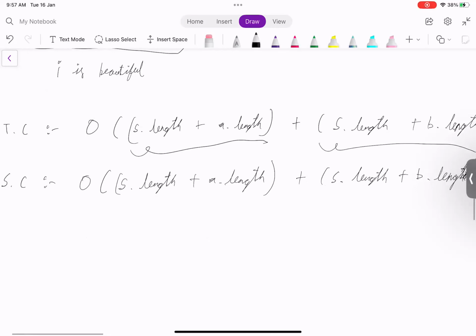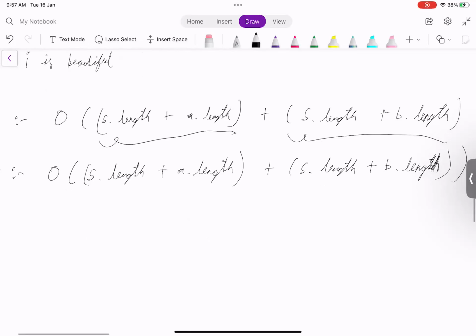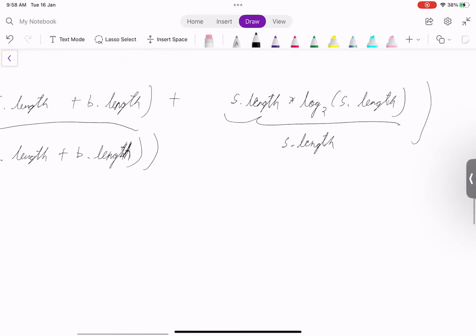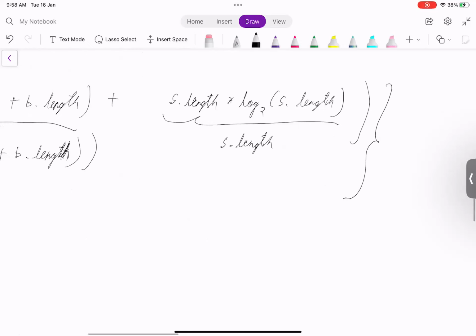And we can even optimize the space to O(1) using string hashing. But this is sufficient to pass the question with the given constraints. So these are all the points.